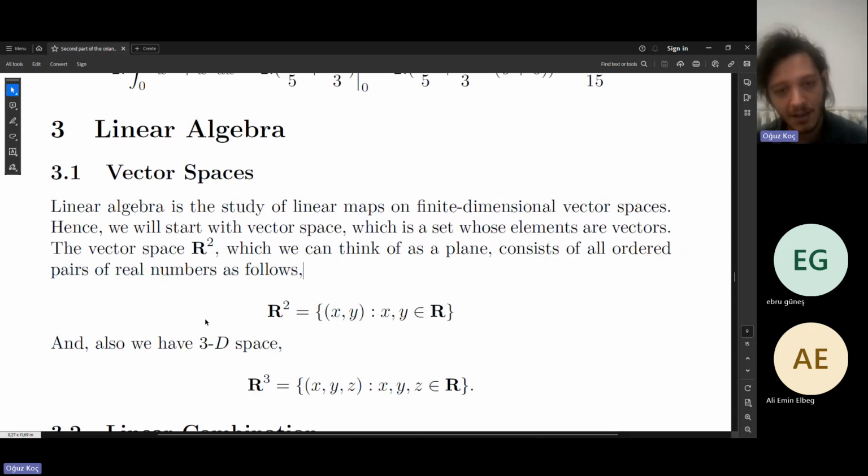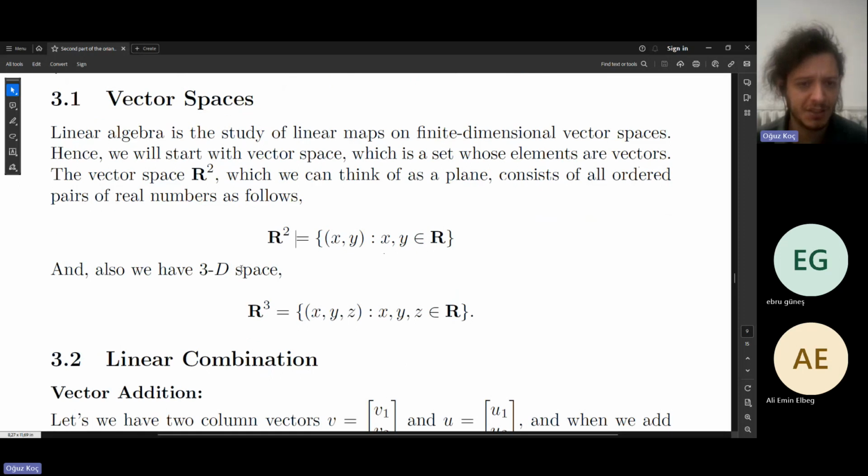A pair here is a pair of two elements. We have a vector with two elements here. X and Y are elements of the real numbers, and this pair is in the 2D real space. And also we have the 3D space, which is the ordinary space for us.